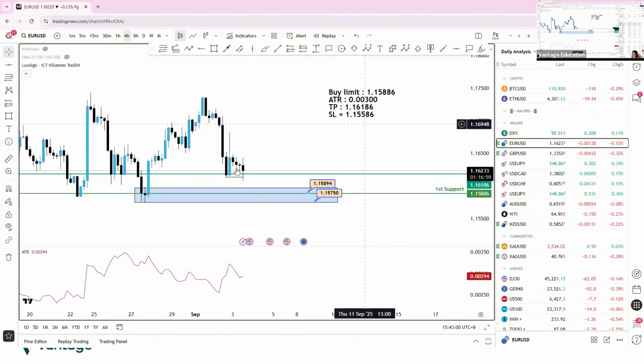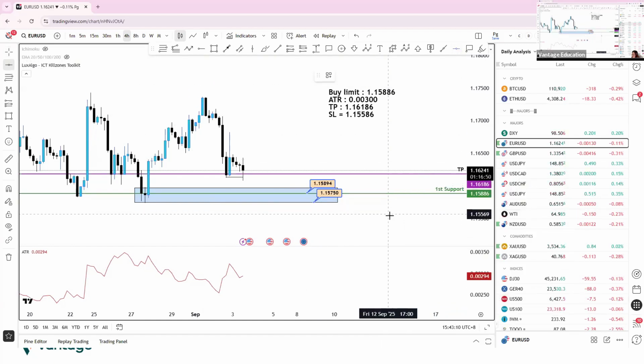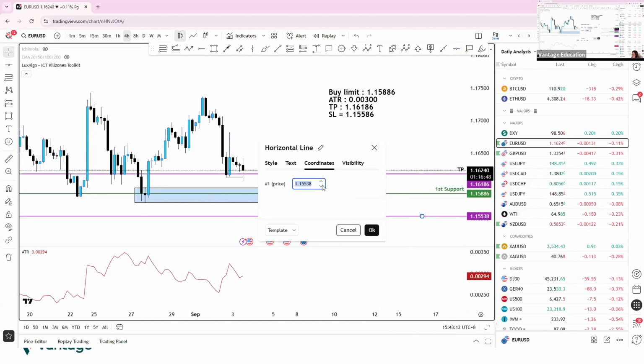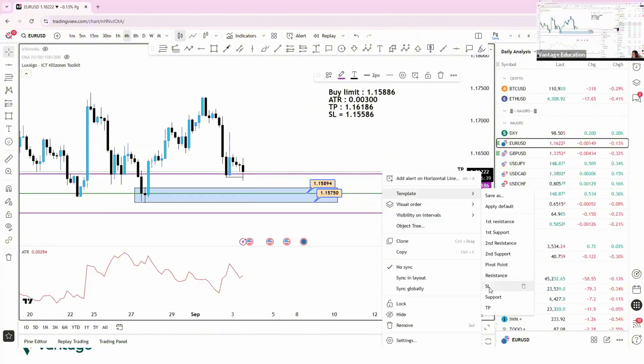My take profit here is at the low that they broke below. If you buy here, the TP and SL are going to be 1.15586, and this one is going to be my stop loss.